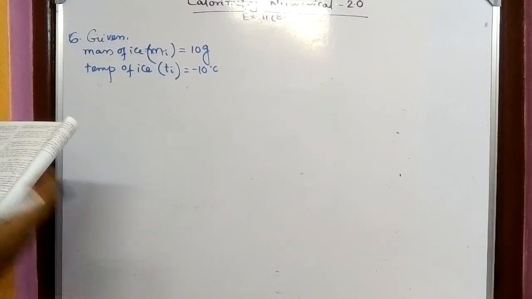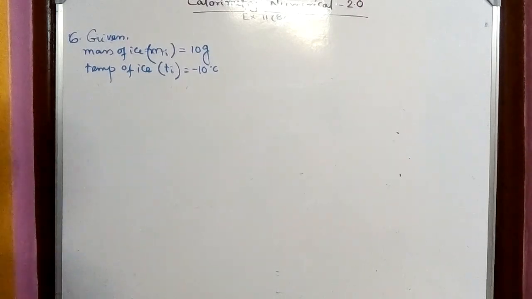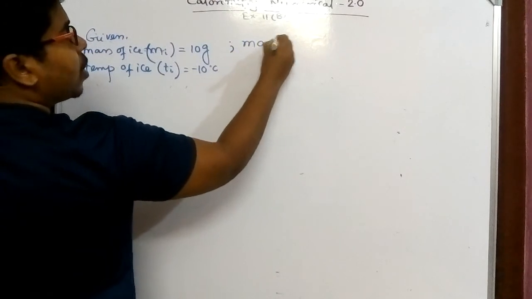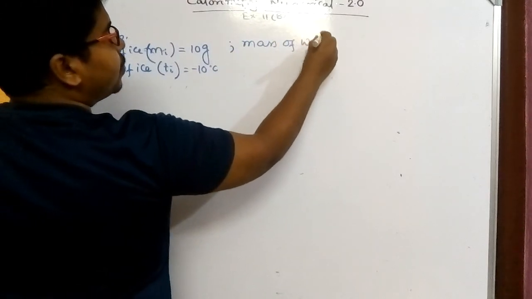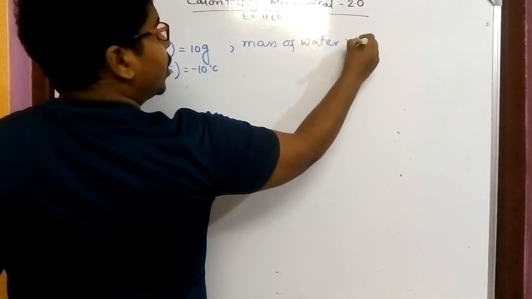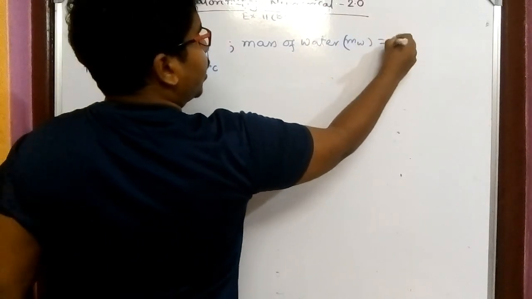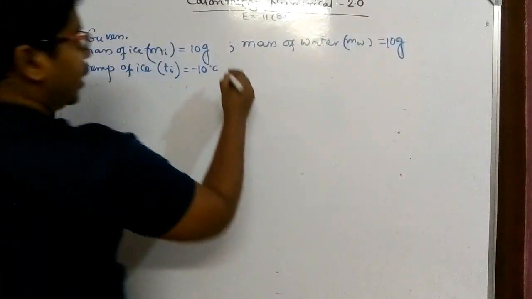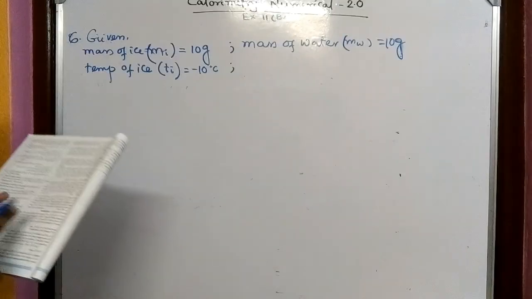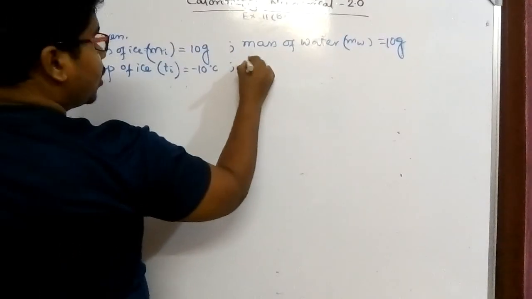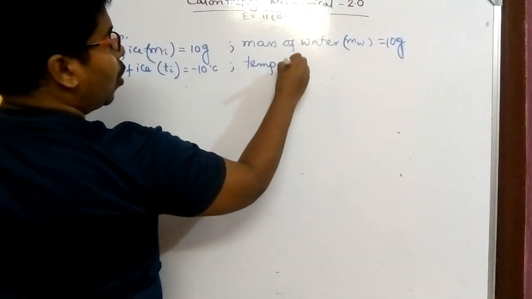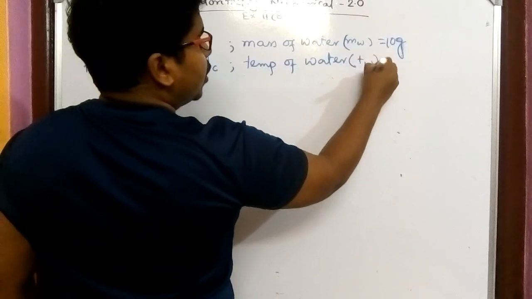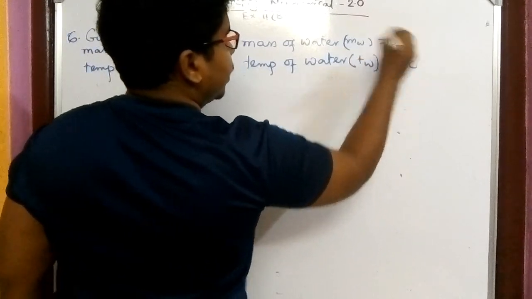Okay. It is mixed with 10 gram of water. So here we can write mass of water, that is also given, 10 gram, and temperature of water is also given here. Temperature of water, TW, is 10 degrees centigrade.